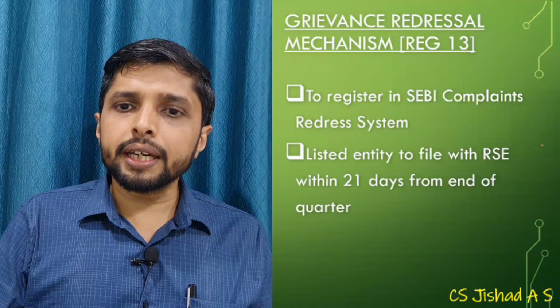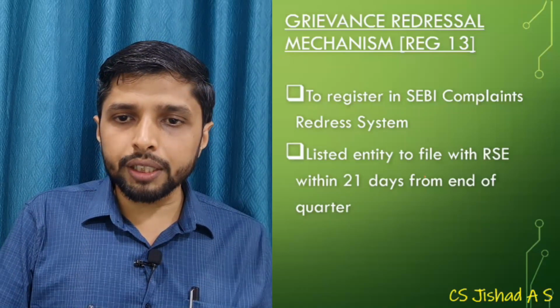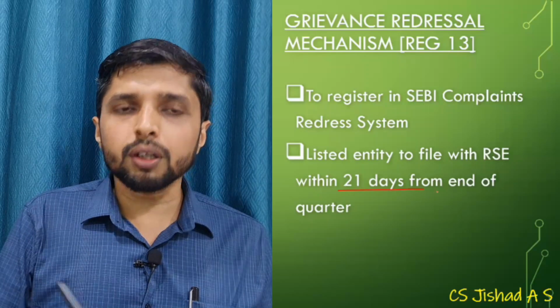Okay. So now we will move to regulation 13 of LODR, grievance redressal mechanism. So every listed entity will have to get registered on the SEBI compliance redress system, which is known as SCORES, or any other platform. Okay, so they have to file with our recognized stock exchange within 20 days from the end of the quarter.